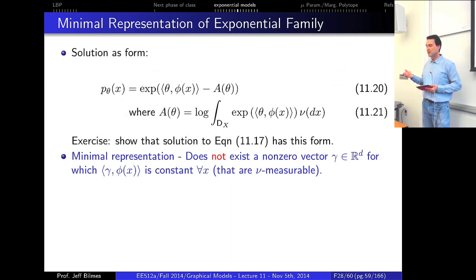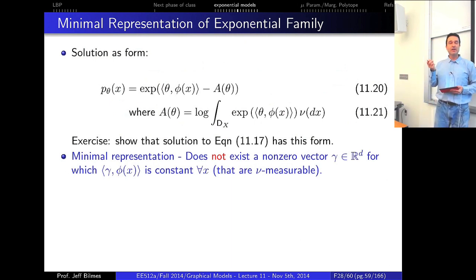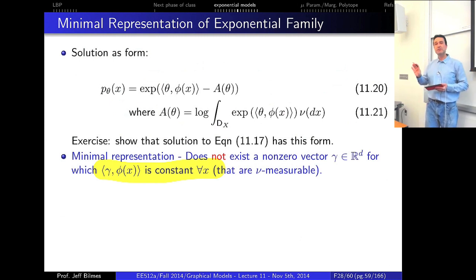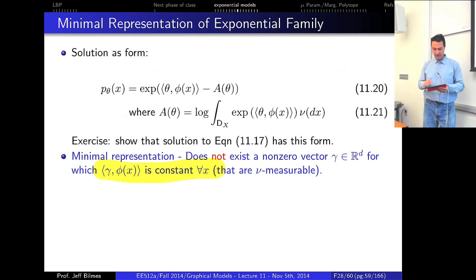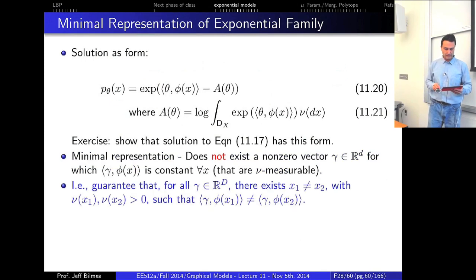A minimal representation is one for which you can never find a non-zero vector gamma such that this inner product is a constant for all measurable x. Obviously, if gamma is all 0, then the inner product is going to be 0, but you're excluding that all-zero case. A minimal representation is one for which there's no such gamma.